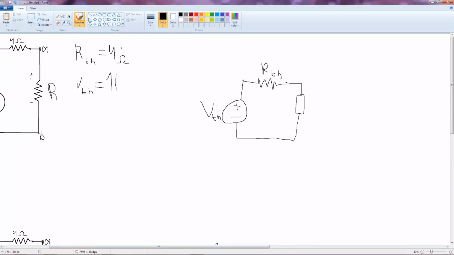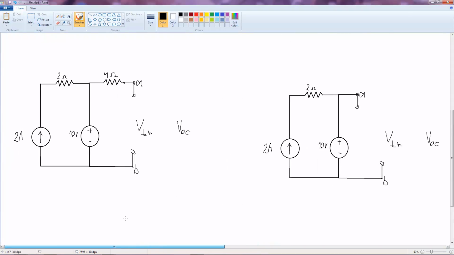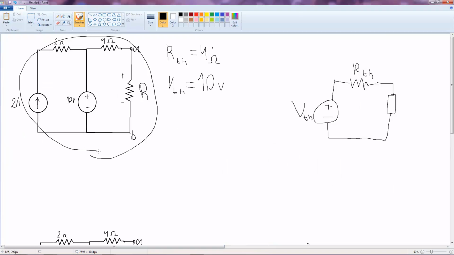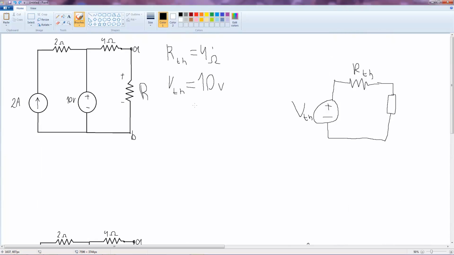So we have V Thevenin is 10 volts. In this exact case we did not need to use tools like Kirchhoff's law, nodal analysis, mesh analysis, or anything to find V Thevenin, but usually you will have to do that kind of stuff.